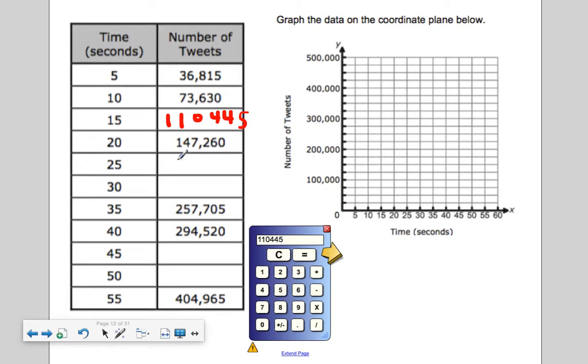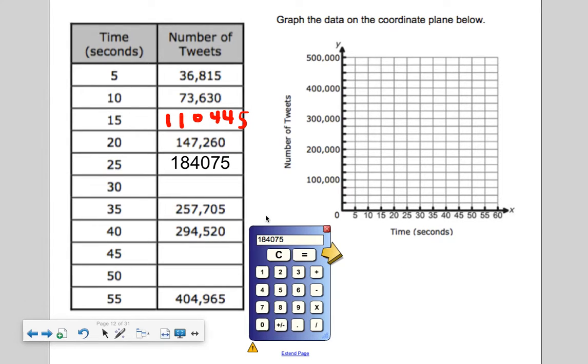So 25 seconds. How many tweets would that be in 25 seconds? Well, we know at 20 seconds there are 147,260. If I add 5 seconds to that, or 36,815 tweets, it will equal, oh, cool.